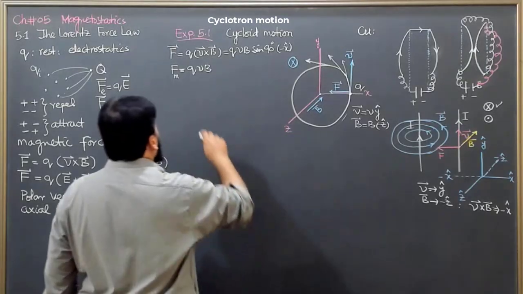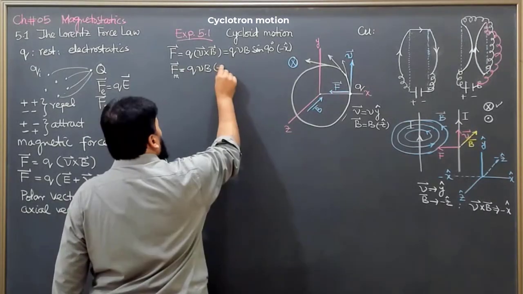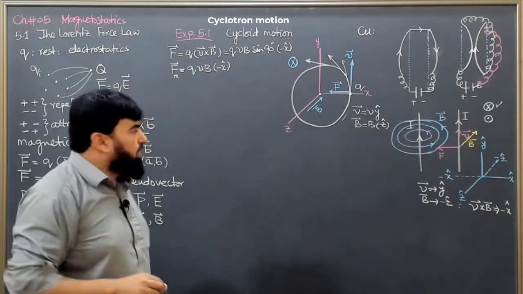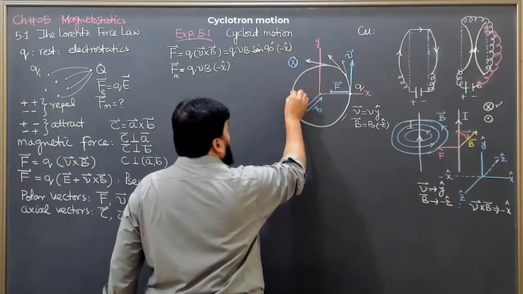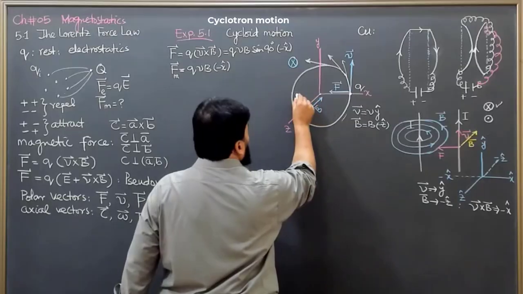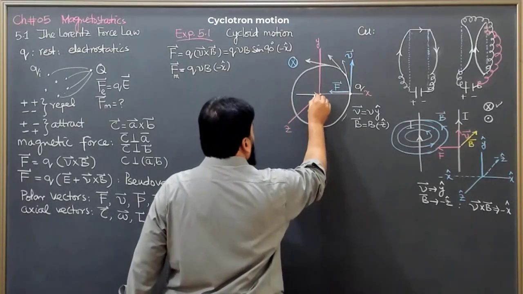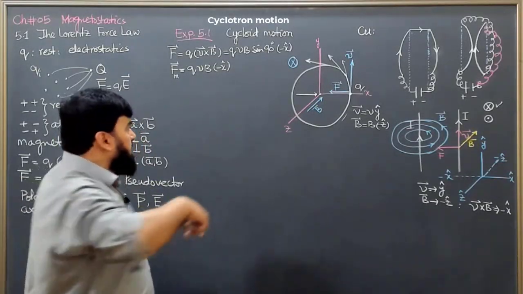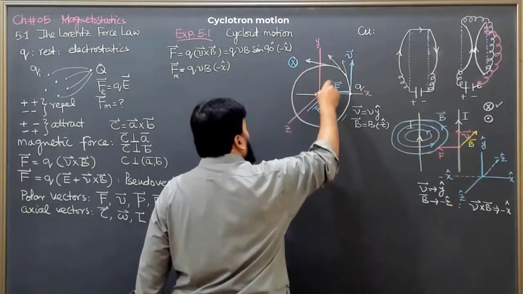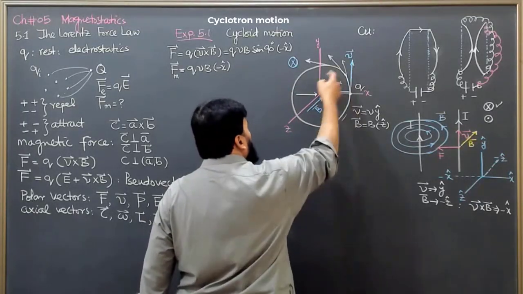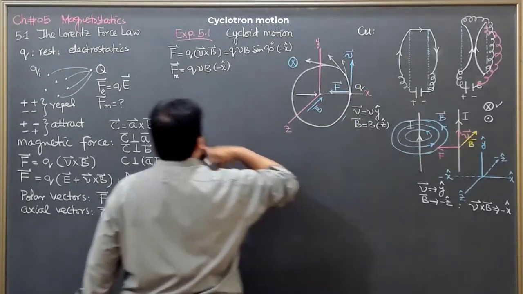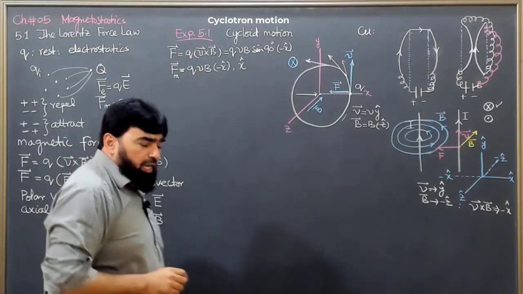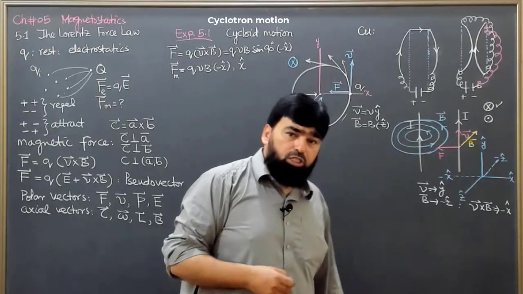Now the direction of this is in the minus x direction because it is toward the center, but where the particle comes in here, at this point, now the force will be in this direction, because it will compel it toward the center. So at every instant it will try to move it to the center, and due to its velocity it will go in a circular motion. So we have the direction along x or minus x, or it is toward the center.